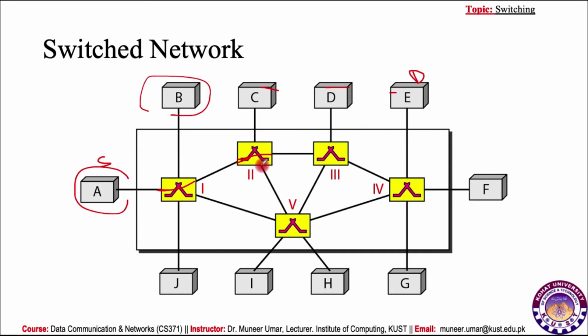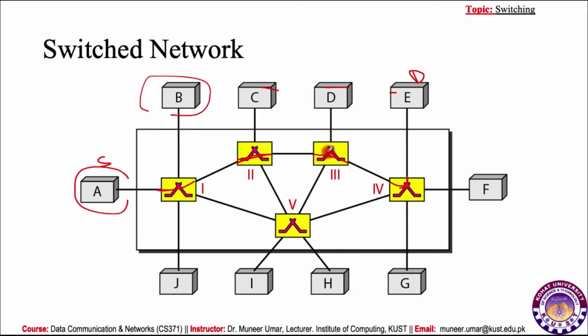It can also connect this one for the path establishment. The path establishment depends upon some different algorithms. So let's say it connects these two ports. After that, this one is connecting this one port, and then this last switch connects this port with this one. So in this way, the path is established between A and E. After that, A and E will be able to communicate with each other.